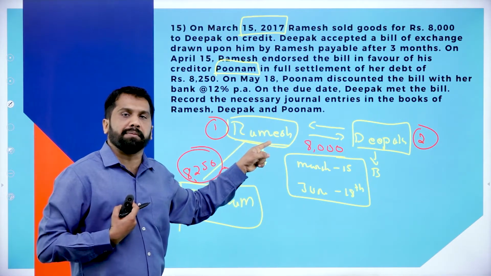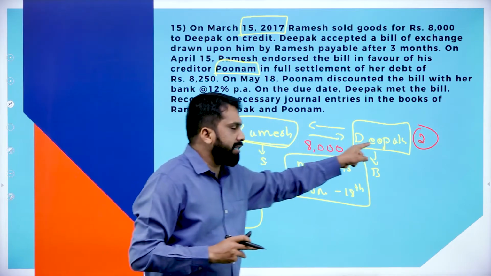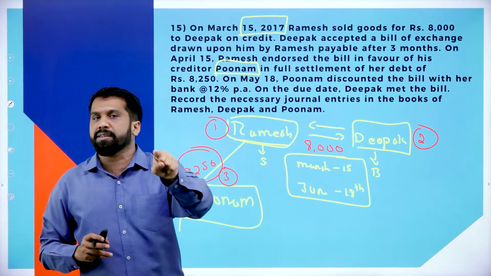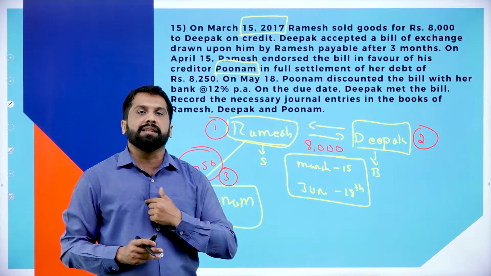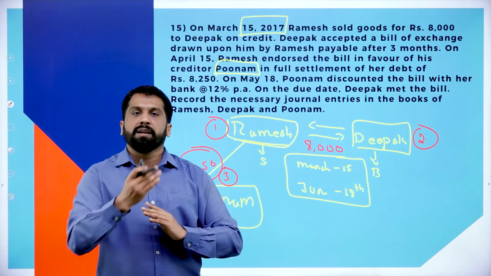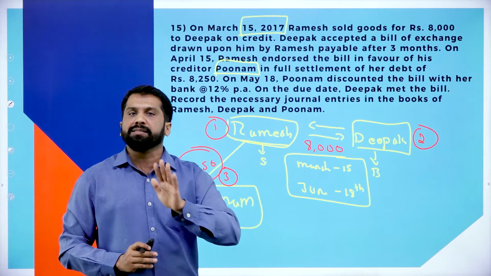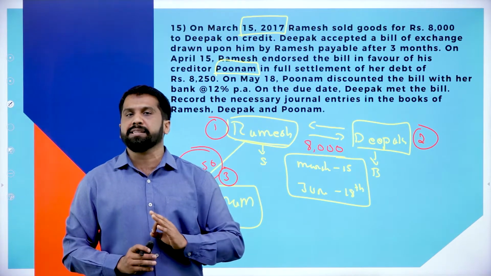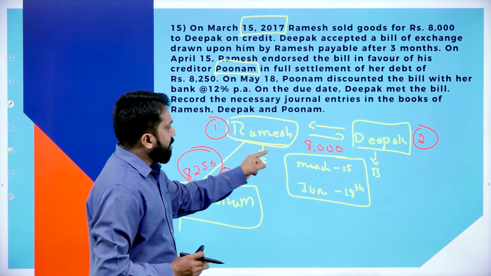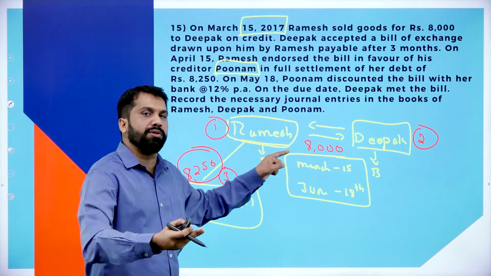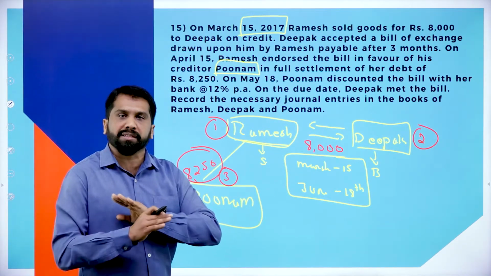So just assume that I am Ramesh. You are Deepak, a customer. I am the seller, Ramesh. Now, what transaction happened between us? It is very simple. I have sold goods to you. You have to pay me 8,000. Clear?